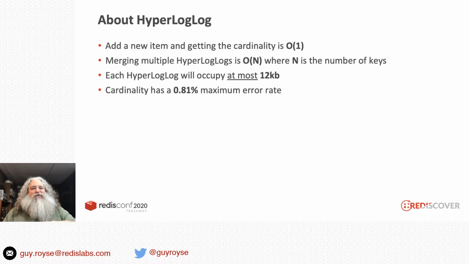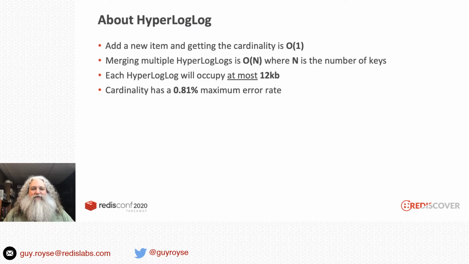I think this is really cool. Each HyperLogLog will occupy at most 12 kilobytes. 12 kilobytes. That is nothing. It will never occupy, no matter how much you add to it, more than 12 kilobytes. Now, I'm recording this video on a MacBook Pro, and I've got 16 gigs of RAM. That is 6 orders of magnitude more than a HyperLogLog will take at its maximum.